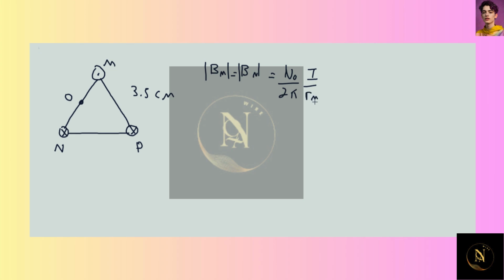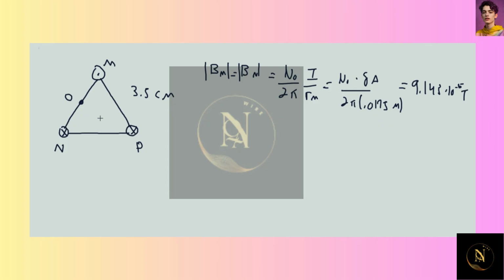That distance is just half the side of a triangle, so 1.75 centimeters. So we'd have mu naught times 8 amps over 2 pi, and then 0.0175 meters. And that should come out to be 9.143 times 10 to the minus 5 Teslas.